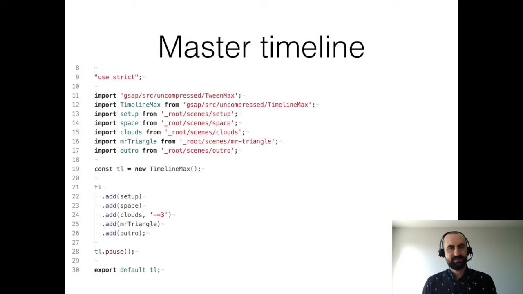This example is taken straight from the animation you saw at the beginning about Mr. Triangle, and you can see a master timeline where I separated the whole animation into smaller chunks, let's call them scenes, and added them to the master timeline. It makes it really easy to manage larger animations.